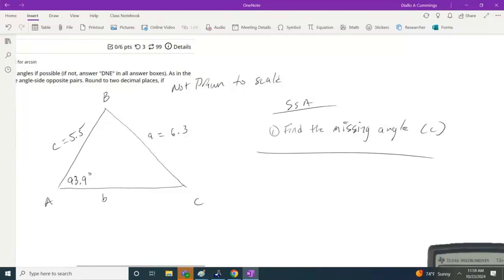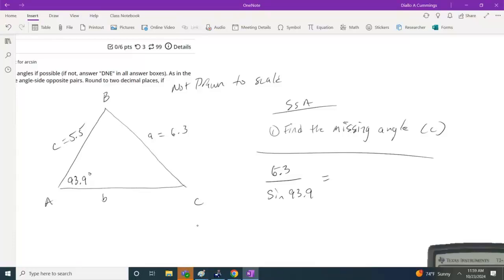So I'm going to set up my proportion. A is equal to 6.3, divided by the sine of 93.9.